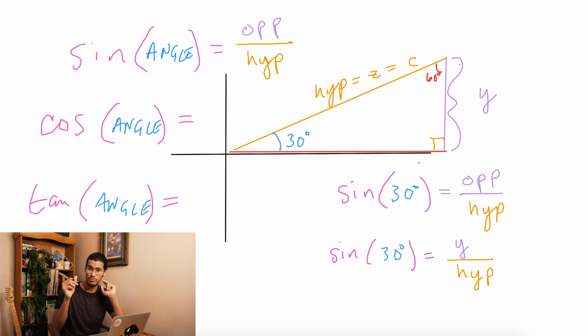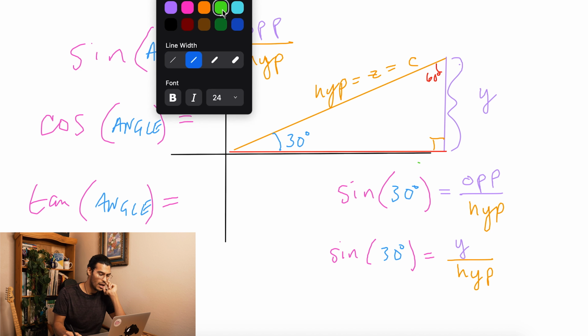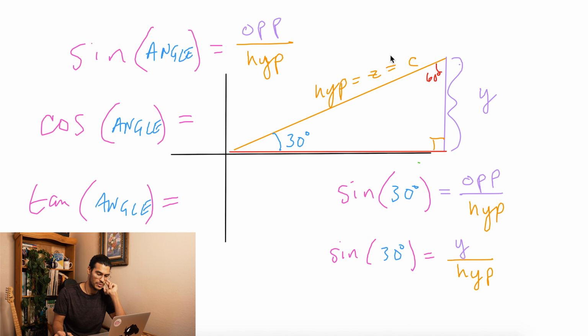If you watched the video before this, on what to learn instead of memorizing the unit circle, you might remember that the 30, 60, 90 triangle is a special right triangle. And this special right triangle always has a ratio of 1 to root 3 to 2.